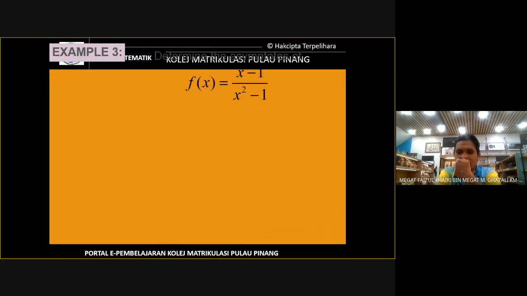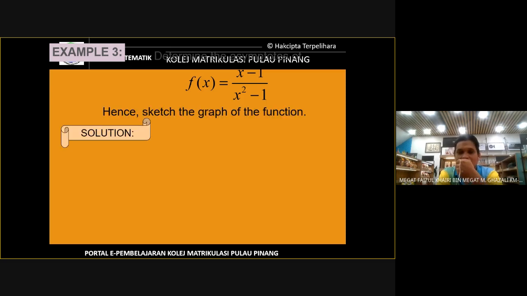It is x minus 1 divided by x squared minus 1. So sketch the graph of the function for this, class. x squared minus 1 cannot be equal to 0, meaning here it is x minus 1 and x plus 1 cannot be equal to 0.